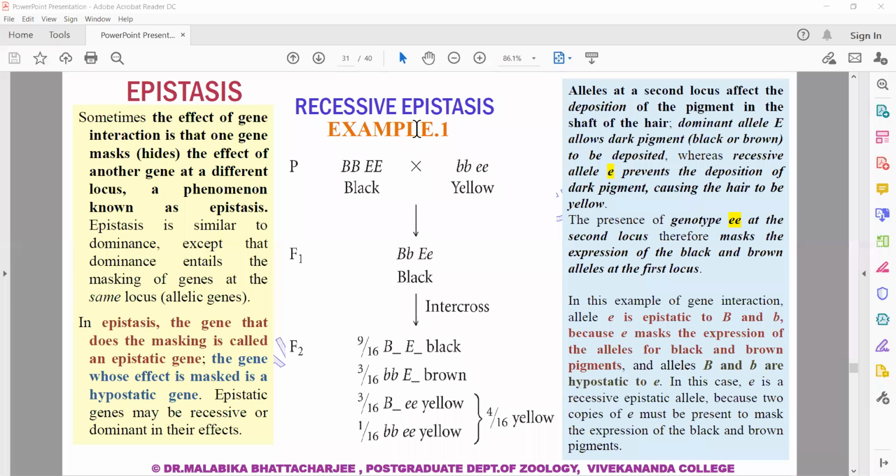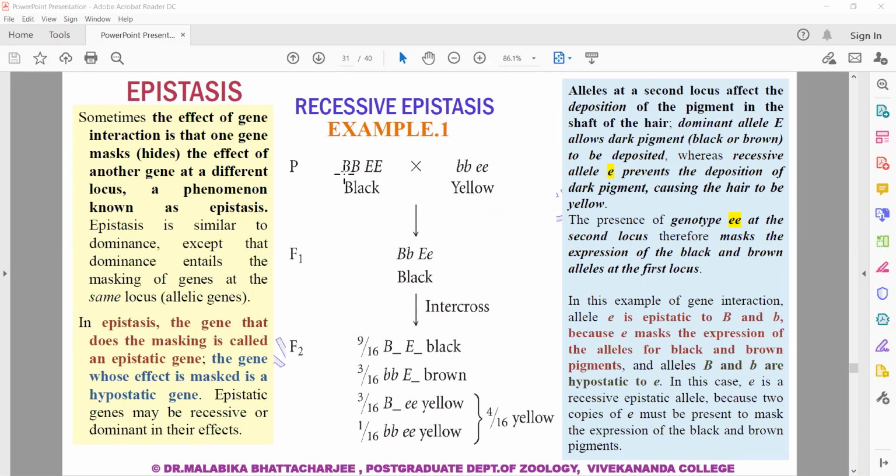But the small e allele, the recessive of the extension locus, is unable to deposit any pigment on the hair shaft. If no pigment is deposited on the hair shaft, then by default the color of the hair becomes yellow.